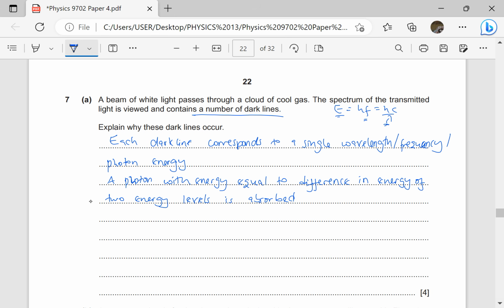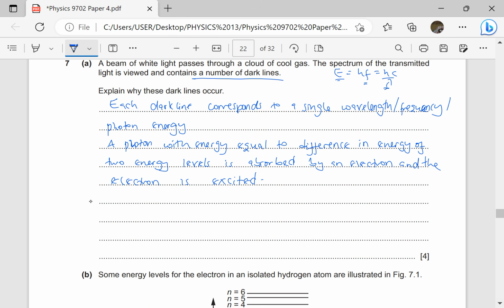Only such photons whose energy is equal to the difference in energy of two energy levels are absorbed by an electron. And what is the effect? The electron is excited. Like some of you are excited to finish high school, so you're behaving like electrons. So a photon with energy equal to the difference in energy of two energy levels is absorbed by an electron, and the electron is going to be excited.